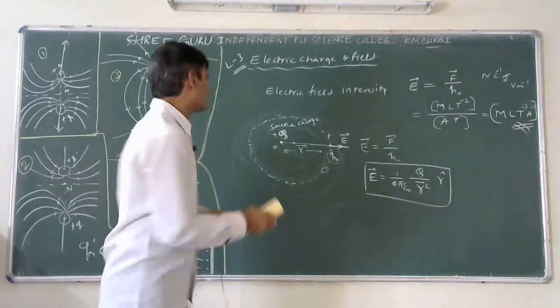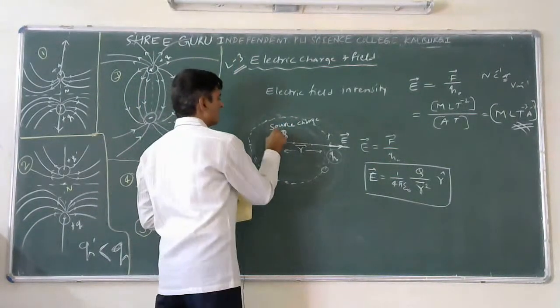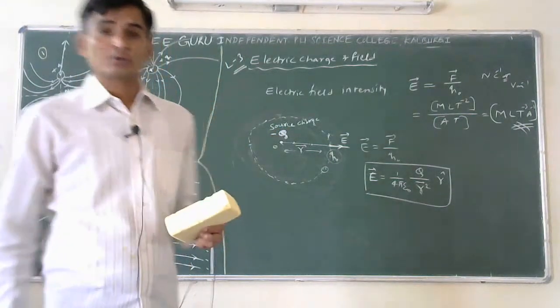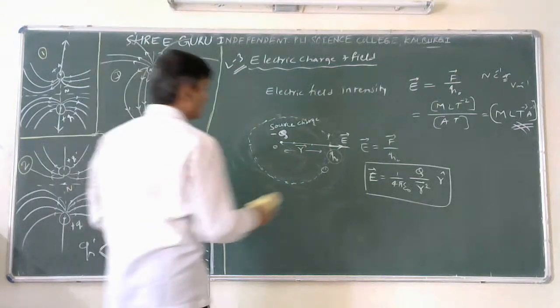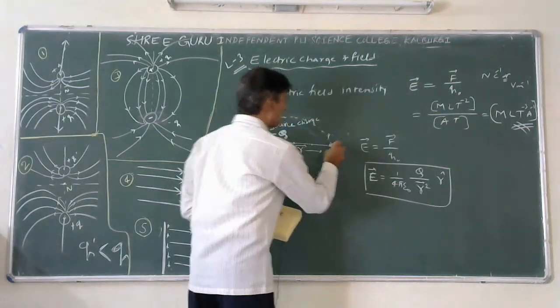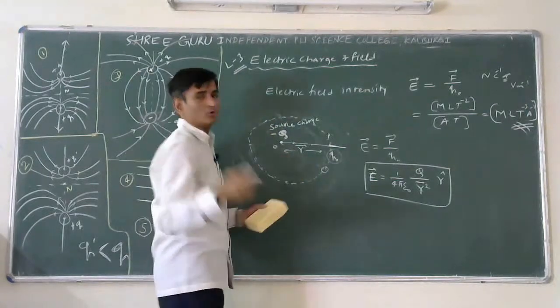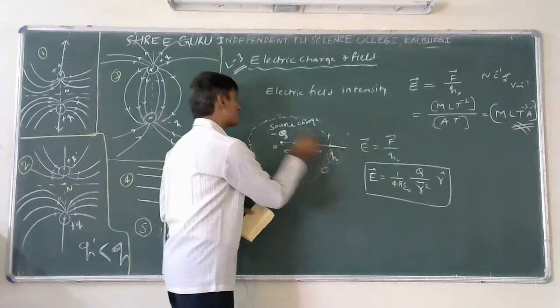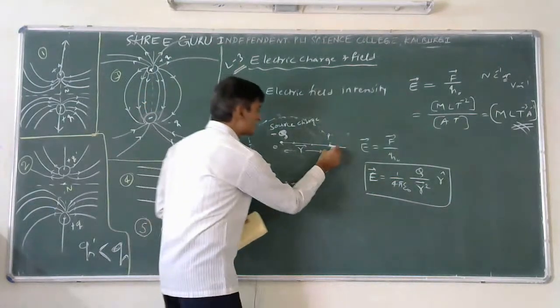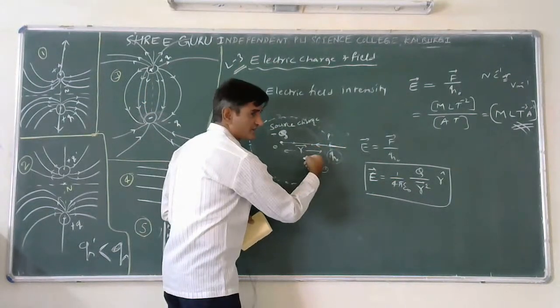Now, let us say the source charge is negative. What about now? If the source charge is negative, the test charge is always positive, that is, Q naught is equal to plus 1 coulomb. This is a positive charge, this is a negative charge, so they will attract each other. The test charge will experience a force in this direction.